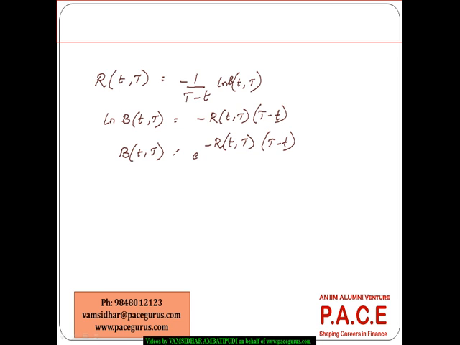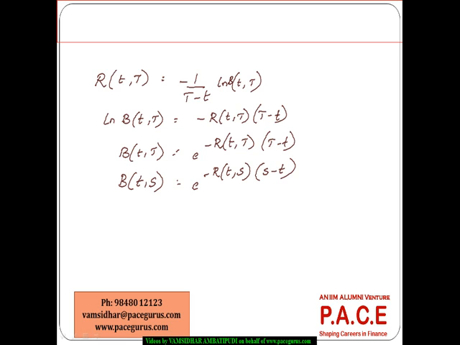Now once I know the spot rate, I want to know the forward rate between the two. With the same logic, B(t,S) is e to the power of minus R(t,S) times (S minus t).